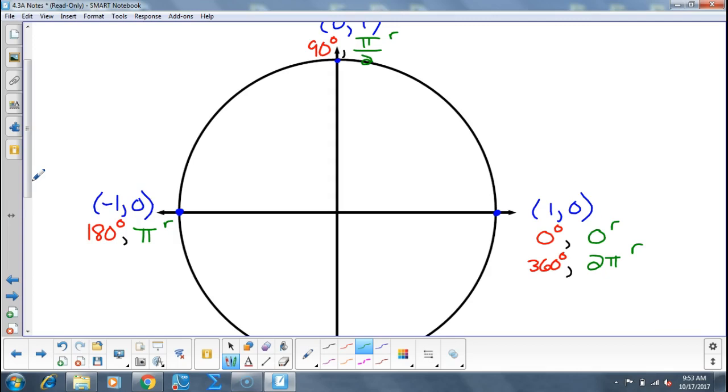Which ones do you want to do next? The 45s. Okay. So if I drew in a 45-degree angle, in terms of radians, how many radians would that be? Convert 45 degrees into radians. Pi over 4 radians.